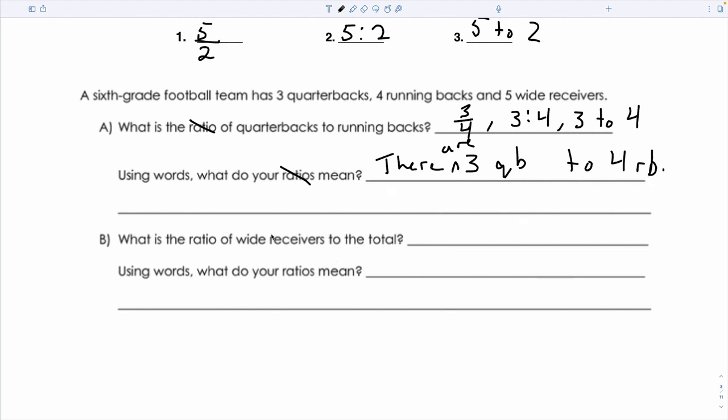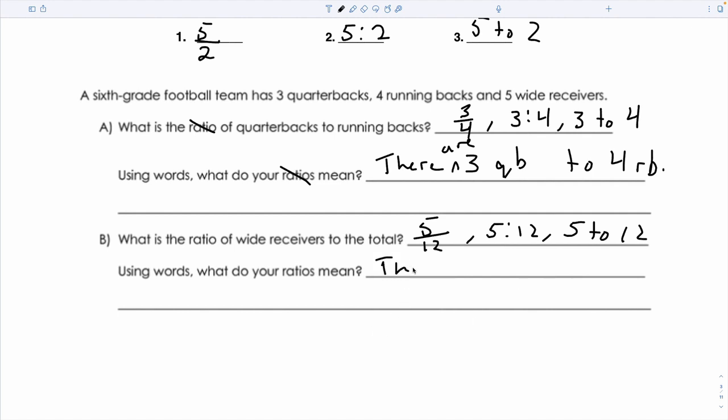The ratio of wide receivers to the total would be 5 to what? What's my total of all 3? 3, 4, and 5. Cameron. 3 plus 4 is 7, plus 5 is 12. So it's 5 to 12. Rewrite that in words.